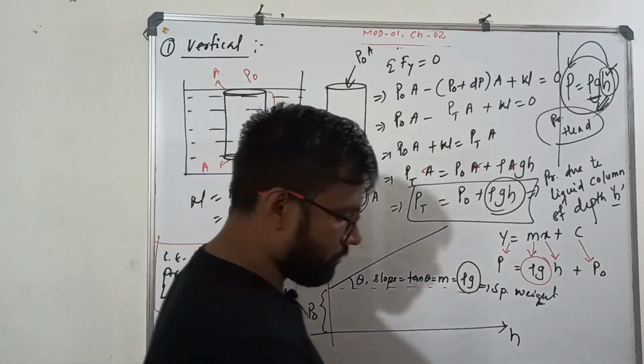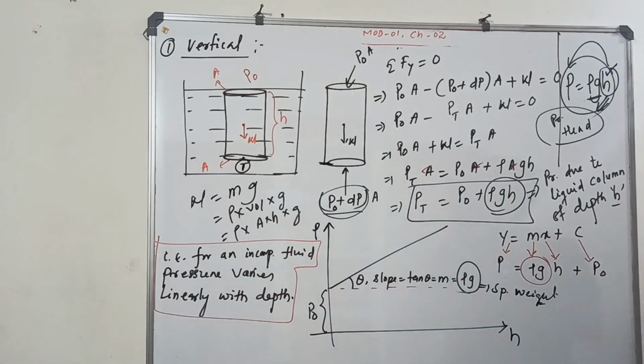For an incompressible fluid, pressure varies linearly with your depth. That means if depth increases, pressure increases. If depth decreases, pressure decreases. This is which case? Vertical case. Okay. Now we'll go for the horizontal case.